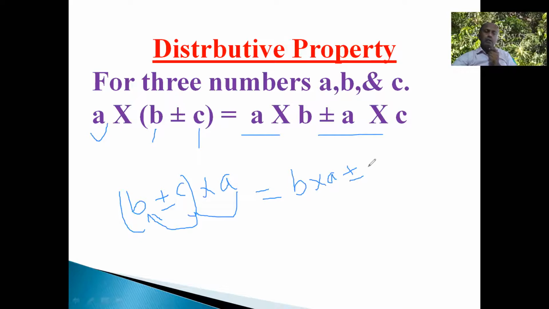Now multiply c and a, you will get c into a. So this time a has been distributed from the right side. Here a has been distributed from the left side. So this is called left distributive property and this property is called right distributive property.